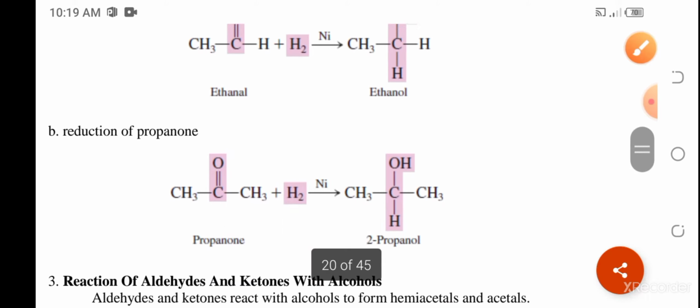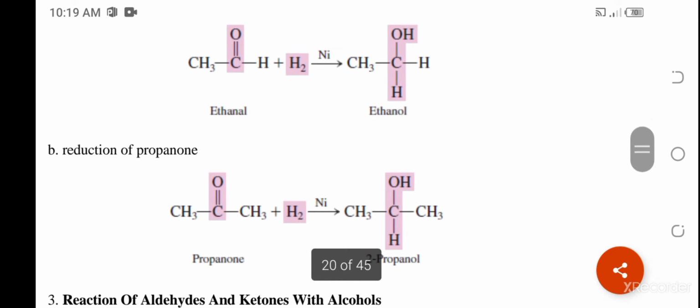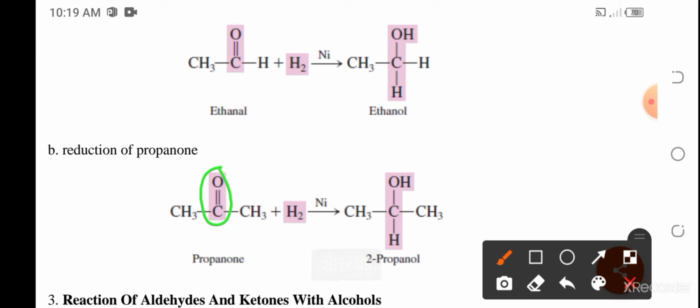For the reduction of a ketone, so the carbonyl, ganun pa rin yung ating mechanism. The carbonyl double bond will be broken and become single bond. Okay, with that breaking of bond, magkakaroon na ng free bond for oxygen to accommodate the hydrogen, and another free bond for carbon atom still to accommodate the hydrogen.